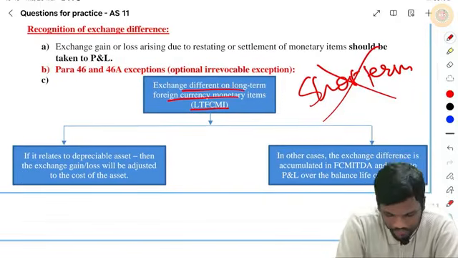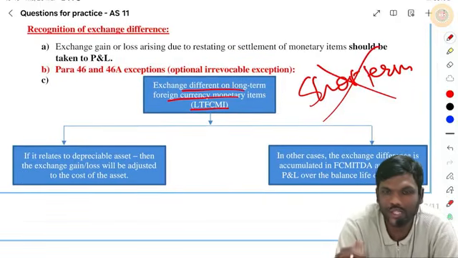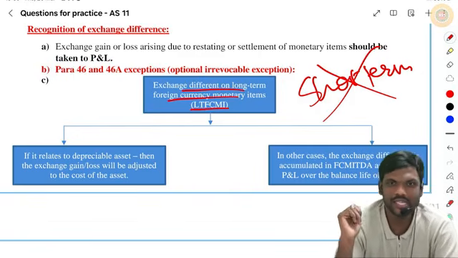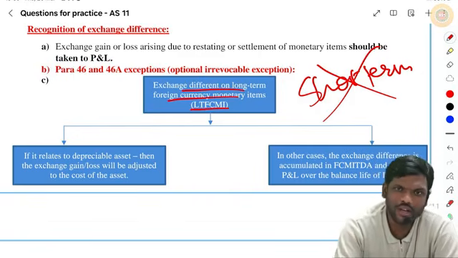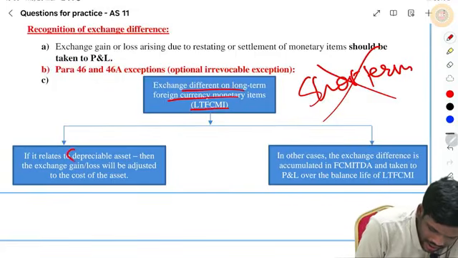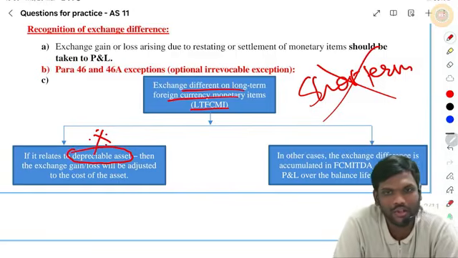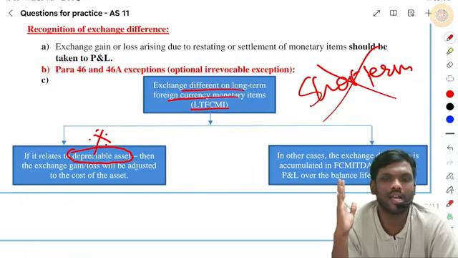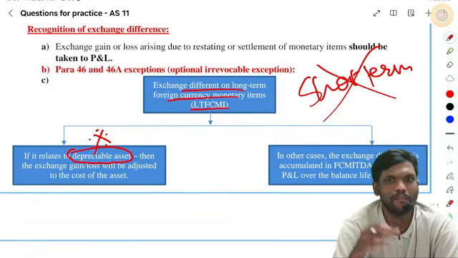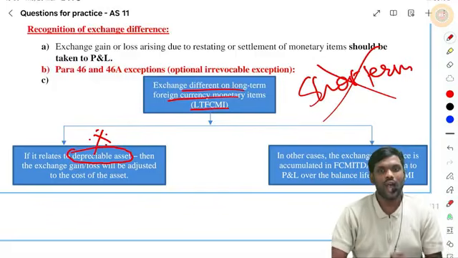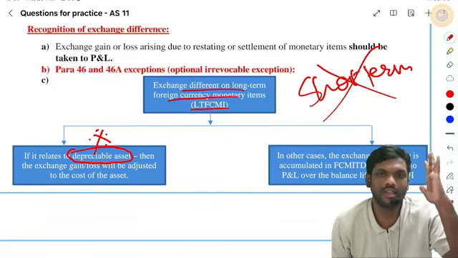Sir, what is AS11 saying for these long-term foreign currency monetary items? AS11 says, if this long-term foreign currency monetary item relates to a depreciable asset, you have to check why you have taken this long-term foreign currency monetary item. For example, assume I have taken a loan from the US, which I will repay only after 3 years.